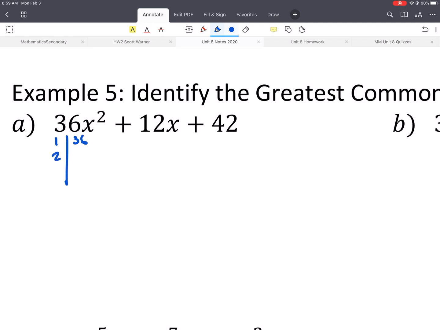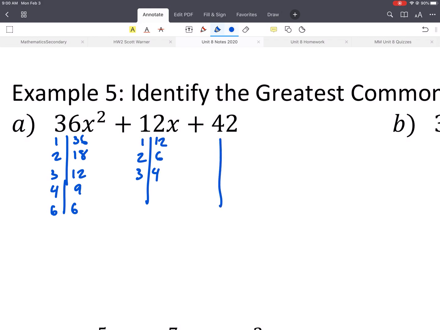So 1 and 36. 2 and 18, 3 and 12, 4 and 9. 5 doesn't go. 6. 6 times 6 is 36. And then we're done. Okay, we got back to 6, 12, 1 and 12, 2 and 6, 3 and 4.